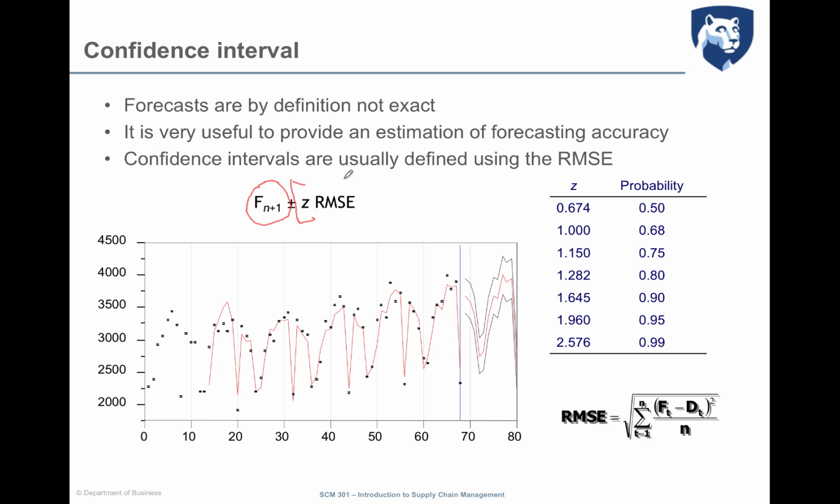In particular, if you calculate the indicators that I showed you before, we already commented on the root mean square error: the difference between the forecast and the actual demand, squared, then summed and averaged, and if I then take the square root, I obtain the standard deviation.